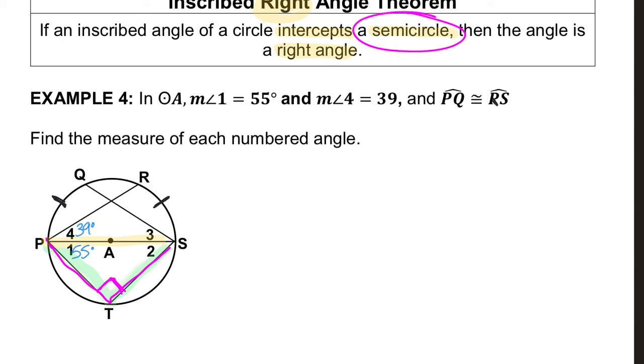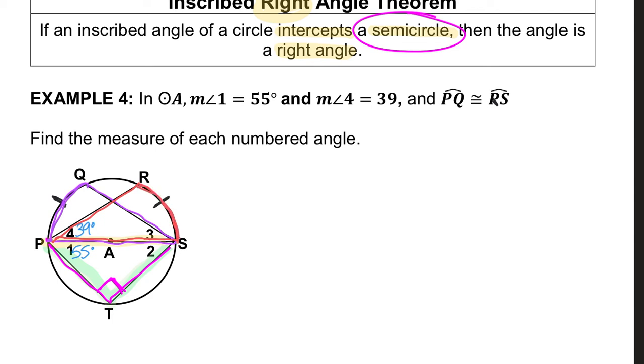So we take a look at this. We're looking at finding the measurement of angle 3 and the measurement of angle 4. The measurement of angle 3 is going to, get another color. The measurement of angle 3 is right here. It opens up to arc PQ. All right, that's its intercepted arc. When we take a look at the measurement of angle 4, it's going to open up to arc RS.